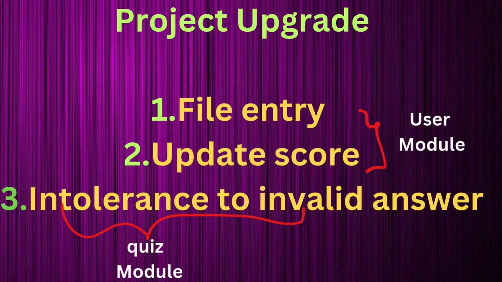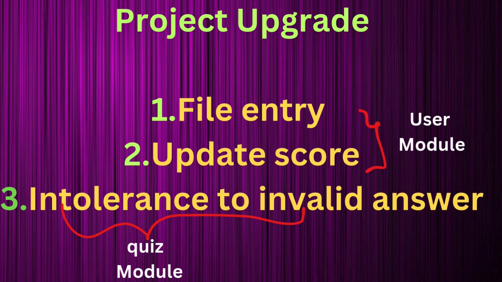And as well, in the quiz module, after showing the questions, we get the response from users and just check whether the response is correct according to our original answer. But we never bothered whether the user is entering a valid response. The user needs to respond with only true or false.